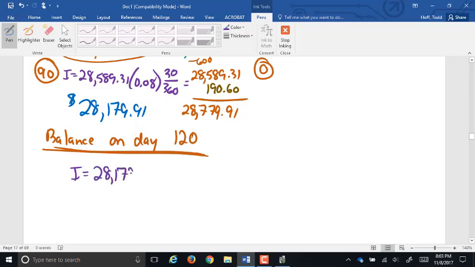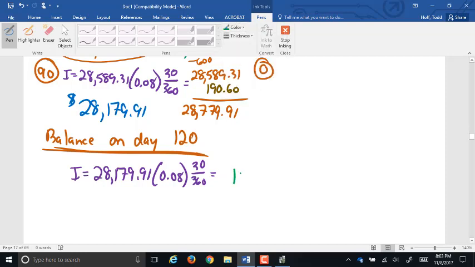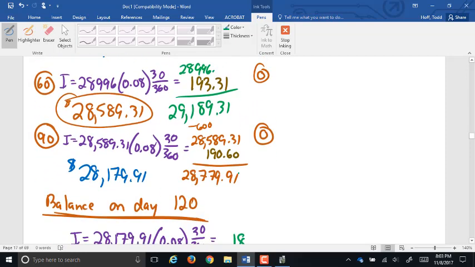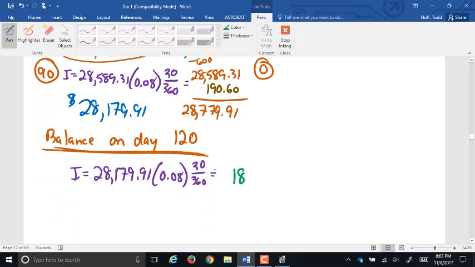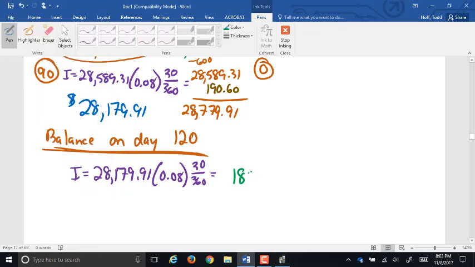So 28,179.91 times 0.08 times 30 over 360 gives us how much? $187.87.